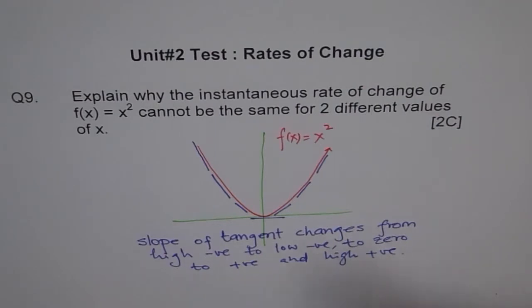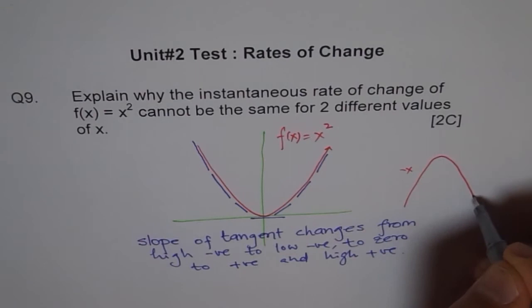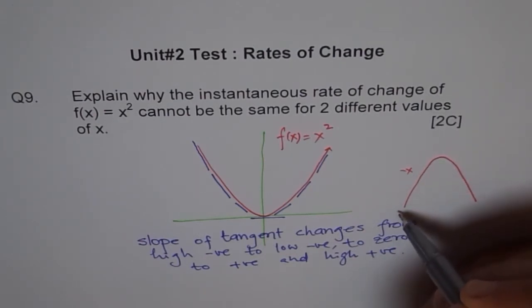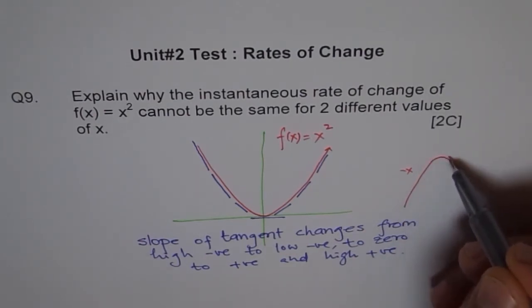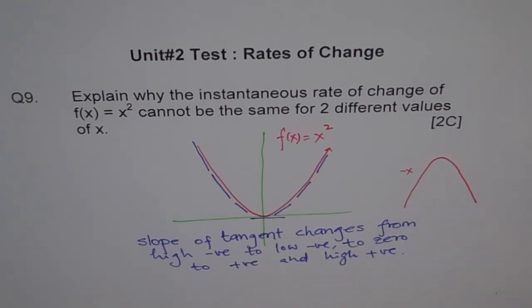If we have a parabola like minus x squared, it will look like this. In that case, it changes from positive to zero to negative values all throughout the domain of the function. So this is a very interesting observation, and it can be used in many thinking and communication questions.